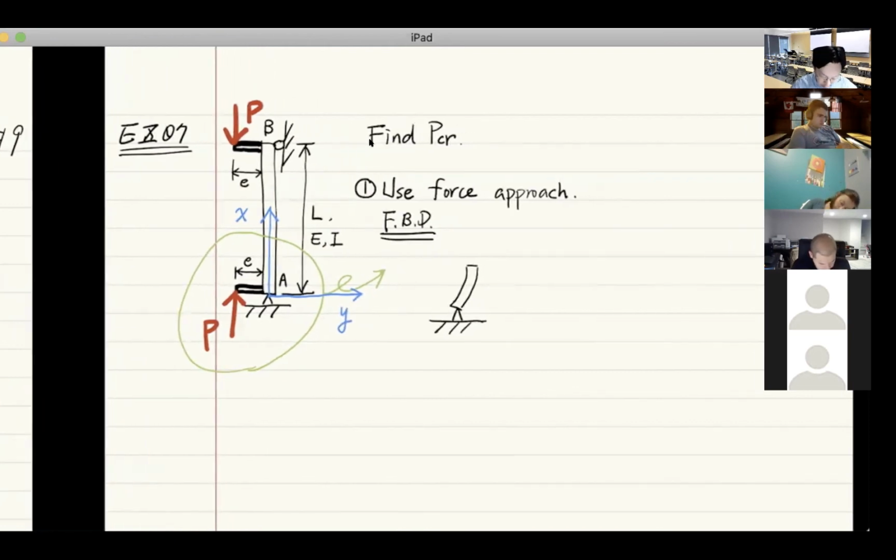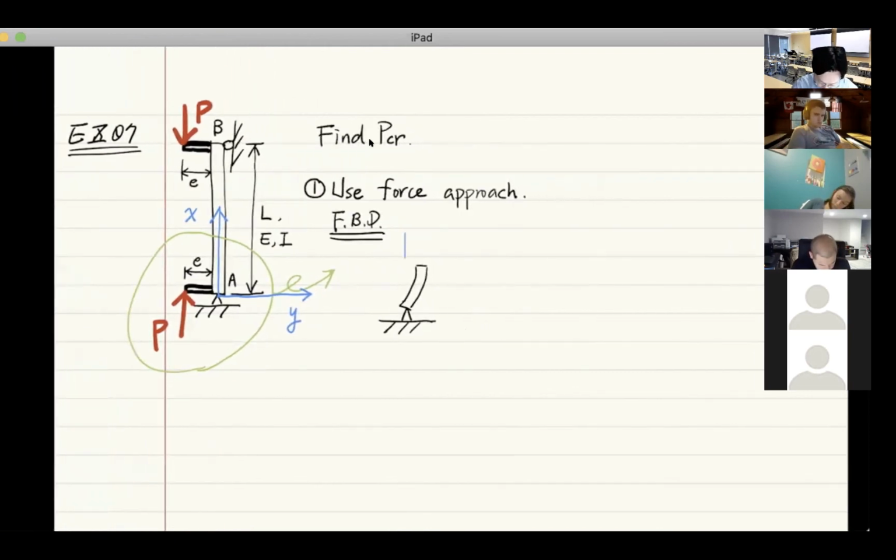Therefore, at point A, we have this. This is y, and this is your x. Right? Now, let's not forget about this piece, which will be like this, because the right angle should be preserved like that.